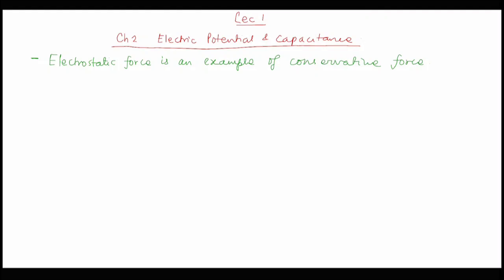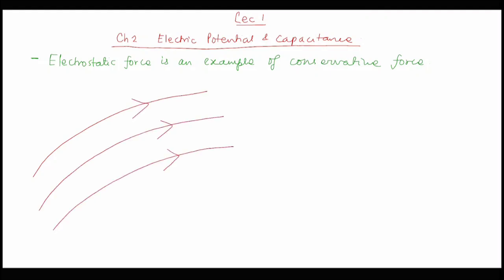Let us consider that there is an electrostatic field, something like this, present in space, which I am referring to as E vector.